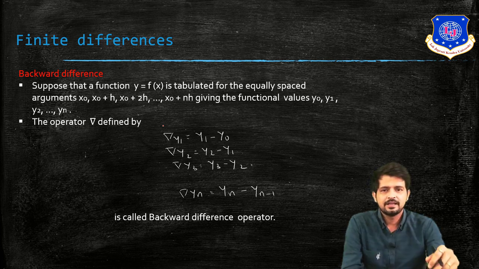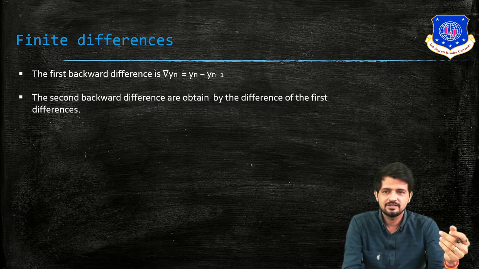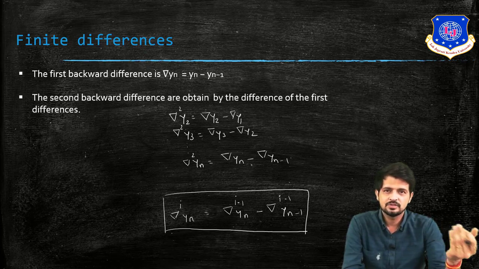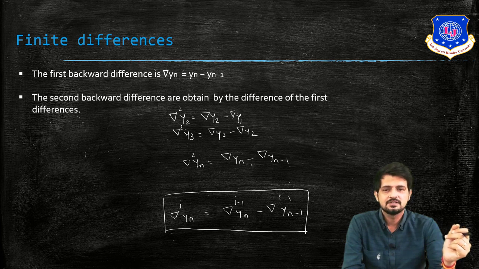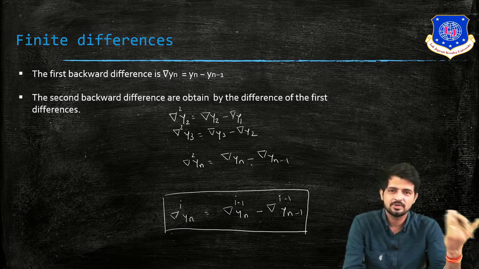Okay, see, we have obtained the first backward difference, that is written as nabla yn is equal to yn minus y(n-1). Similarly, we can find the second backward difference by taking the difference of the first backward difference. So it can be written as nabla square y2 is equal to nabla y2 minus nabla y1. See, you have to remember present value minus previous value.